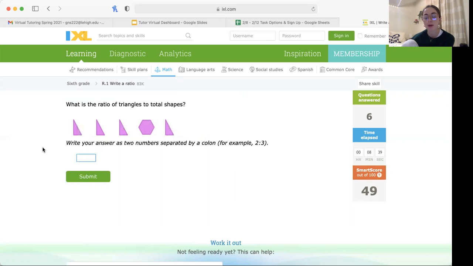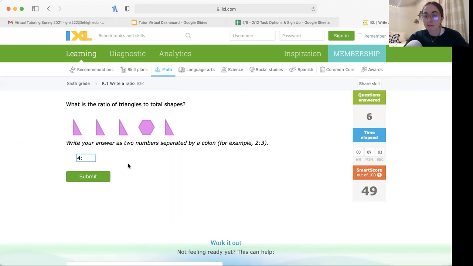Okay, we're going to go over the question. It says, what is the ratio of triangles to total shapes? This one is asking you to compare the number of triangles to the total shapes here, not to a specific shape. So the triangles, 1, 2, 3, 4.